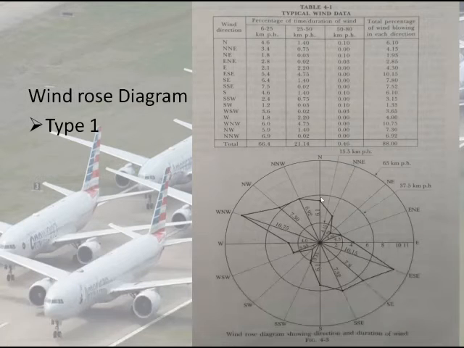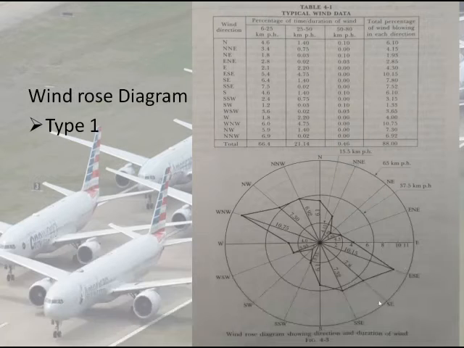Similarly, all other values are plotted and then joined by straight lines. The best direction of the runway is indicated along the direction of the longest line on the windrows diagram. You can observe here, this is the longest line in the windrows diagram.